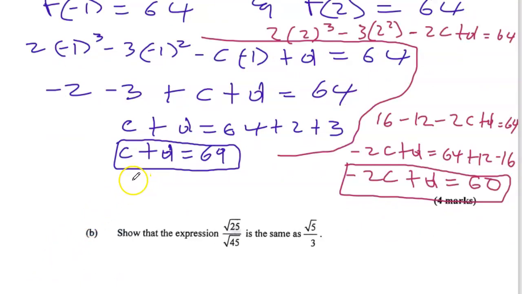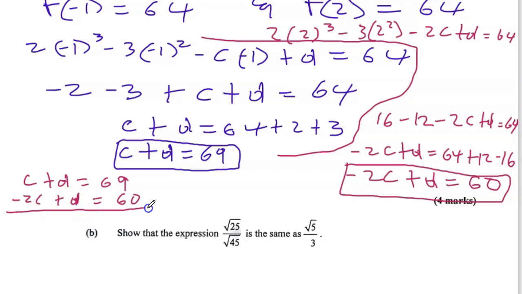And we can solve these by either using substitution or elimination. Let me use the elimination method. So we have c plus d equals 69 and minus 2c plus d equals 60. Of course we can subtract. c minus minus 2c is 3c, and d minus d is 0. 69 minus 60 is 9.